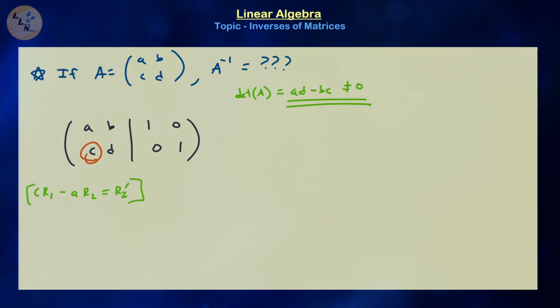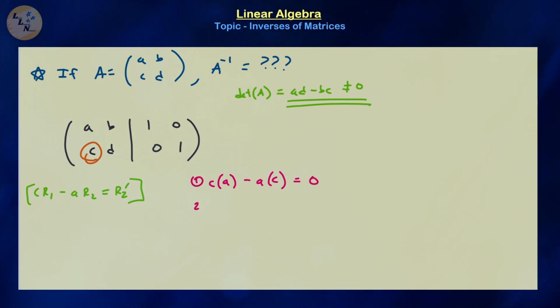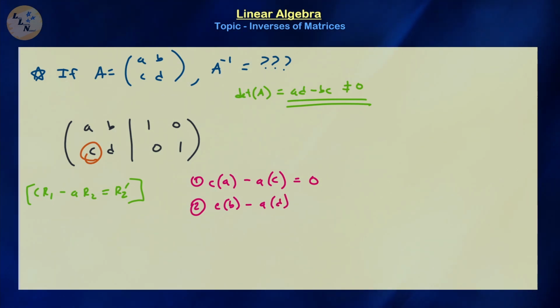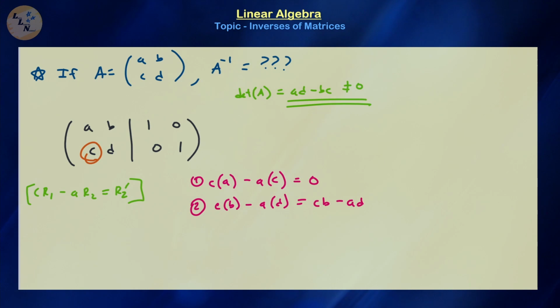Let's actually walk through that very abstract calculation here. So what is that going to give us? C times row 1 minus A times row 2 is going to be equal to 0 in the first column. The second column is going to be C times row 1 minus A times row 2, so that's just going to be equal to CB minus AD.